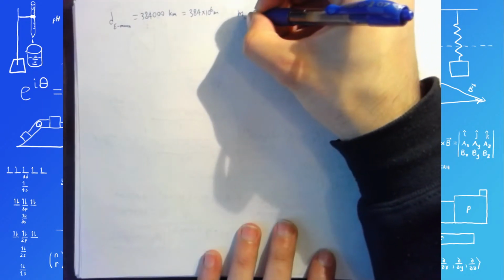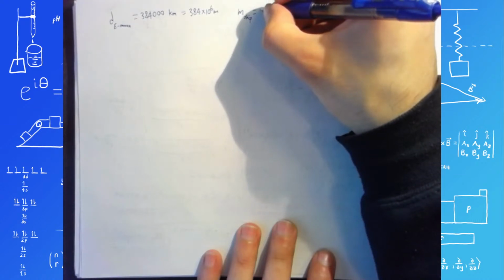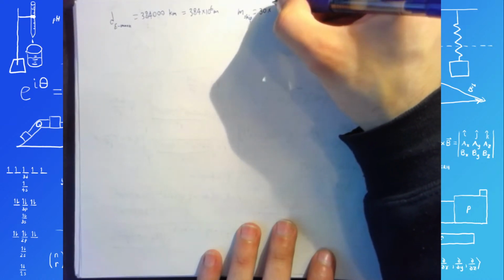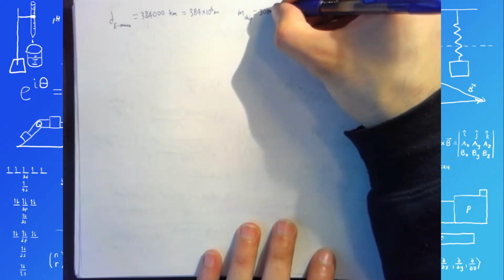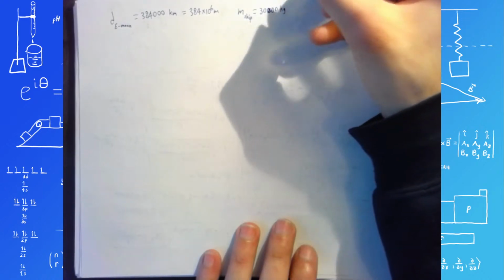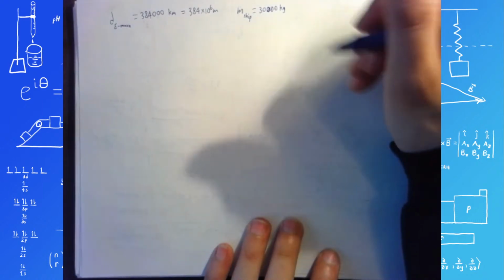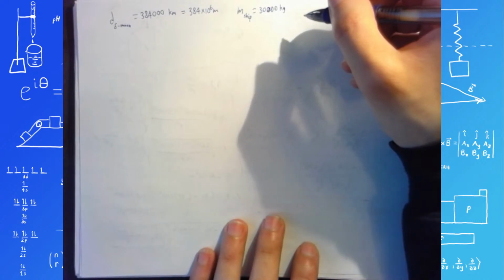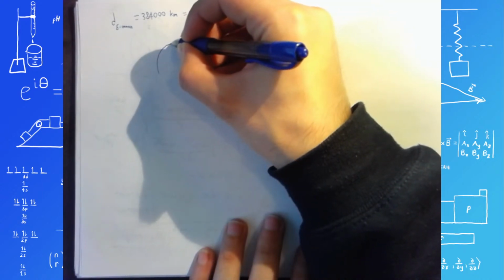So mass of the ship is equal to 30,000 kilograms. They wrote it as 3.00 times 10 to the 4 for those of you who care about your sig figs. And they want it halfway between the Earth and Moon. They want us to look up data in the table.